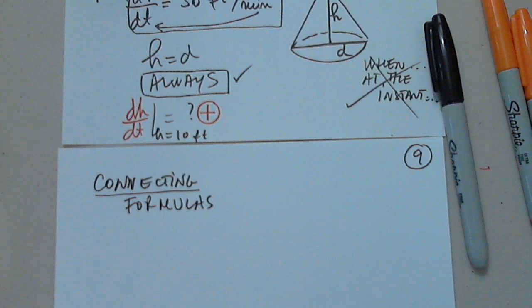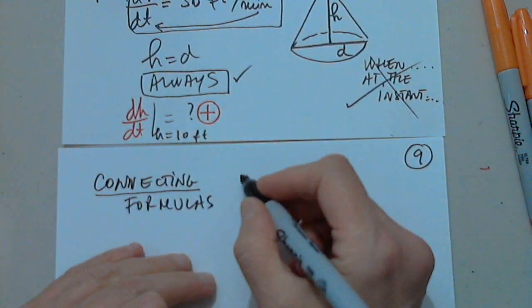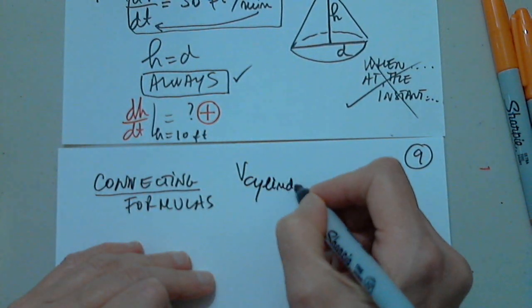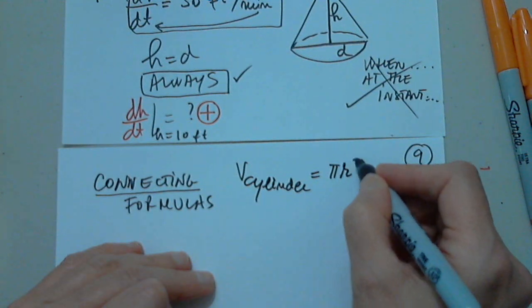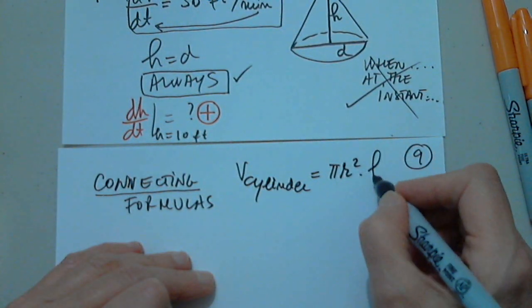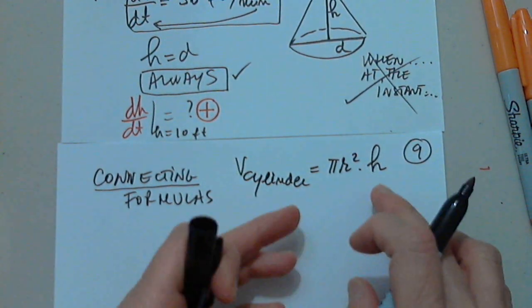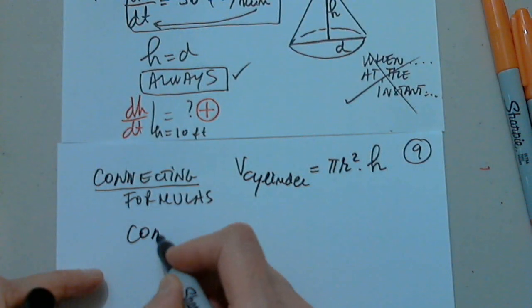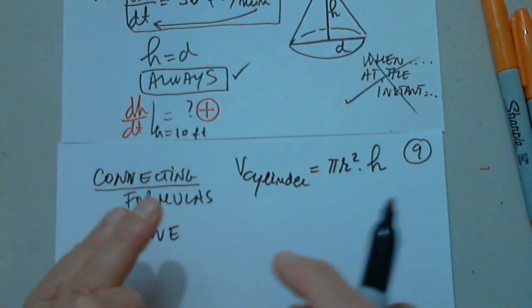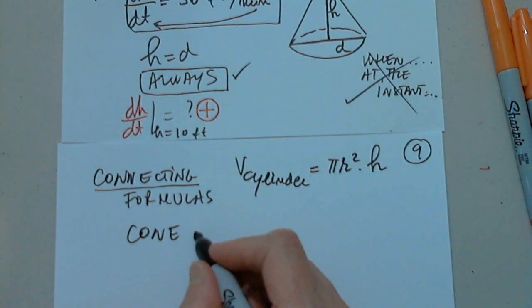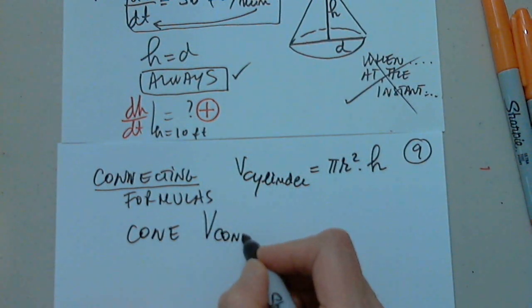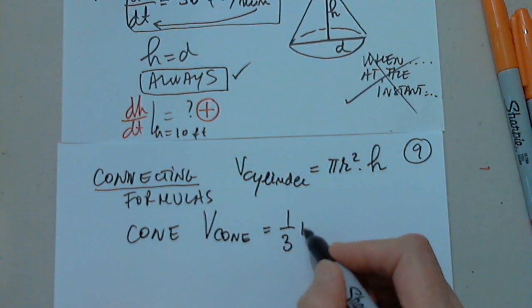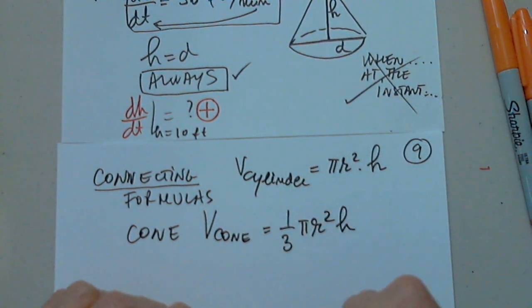But that's for the cylinder. What's the connection to the cone? We're talking about the cone here. Easy to remember. It's the same thing divided by 3. So the volume of the cone is 1/3 pi r squared h.